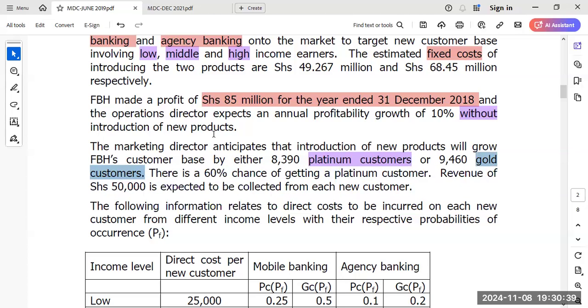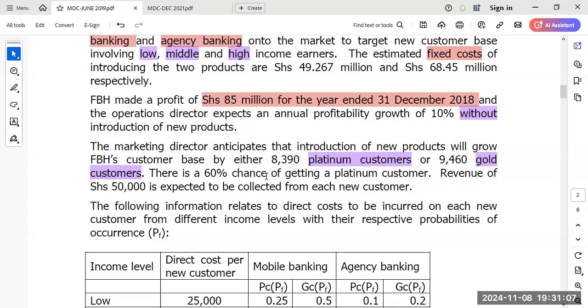Now you have another category. Remember, these customers have categories: low, mid-low, and high. But now you have also other types. Some of your customers are platinum customers. Then you have also gold customers.